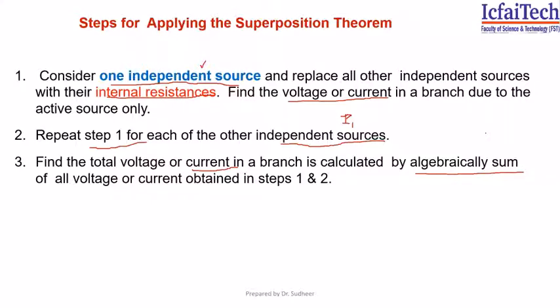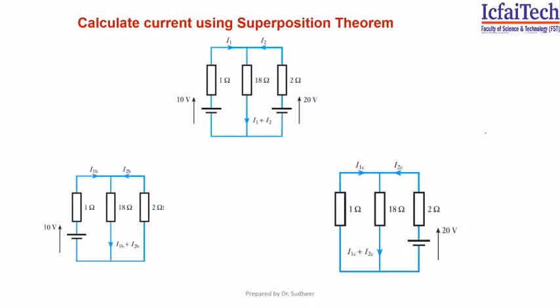So we can understand superposition theorem better if we consider a simple example. Let us consider this example. It consists of 3 resistors and 2 voltage sources. First step is, as it consists of more than one voltage source or current source, we can apply the superposition theorem.